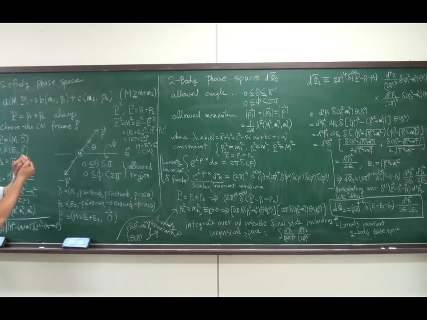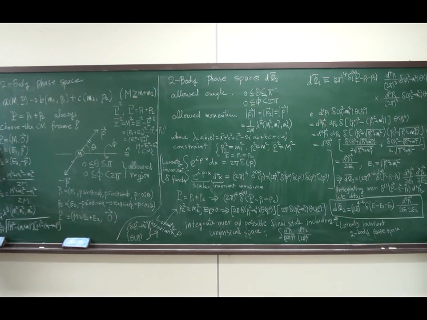So if this particle is moving with momentum p, then the other particle must move with momentum minus p, so that the sum of the two momenta is exactly 0. So it's always good to make use of the center of momentum frame.